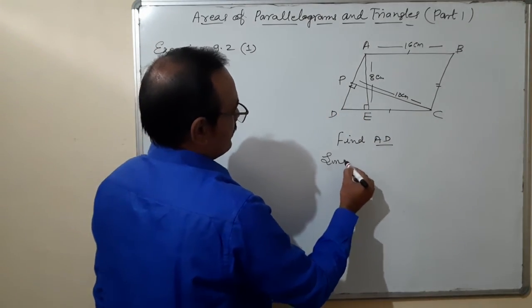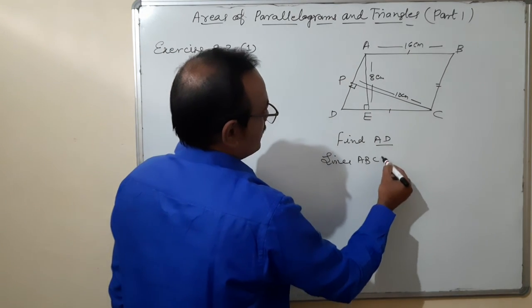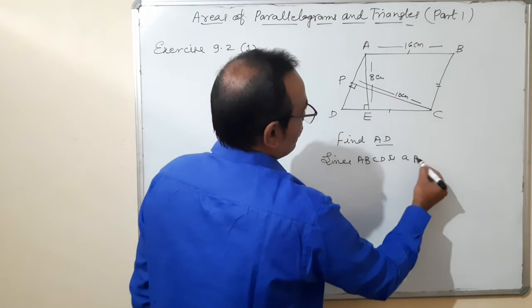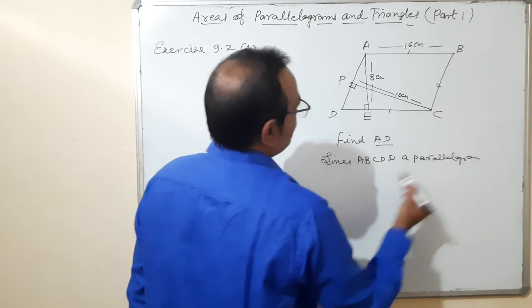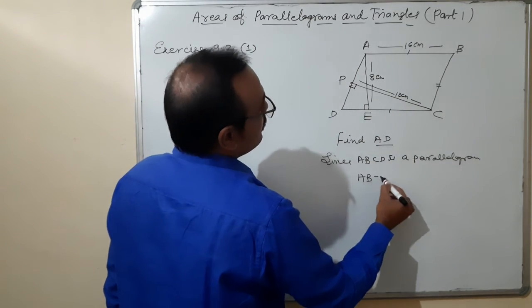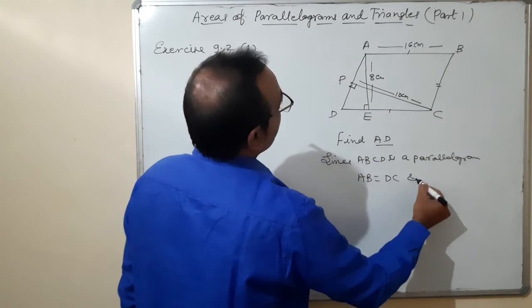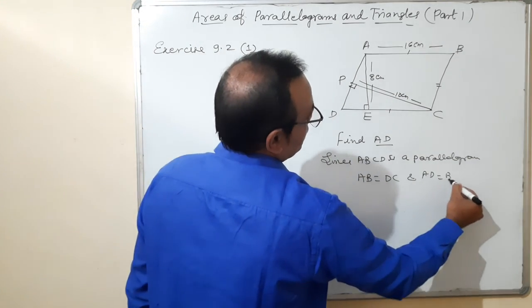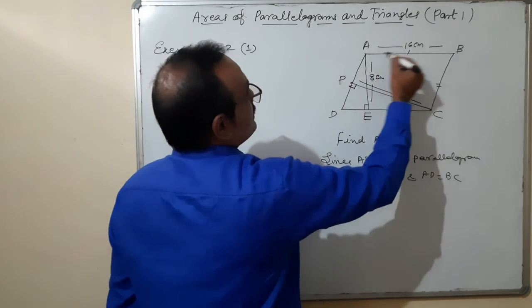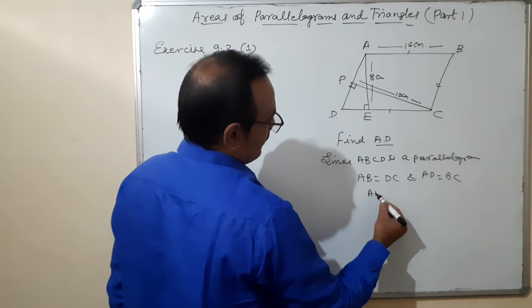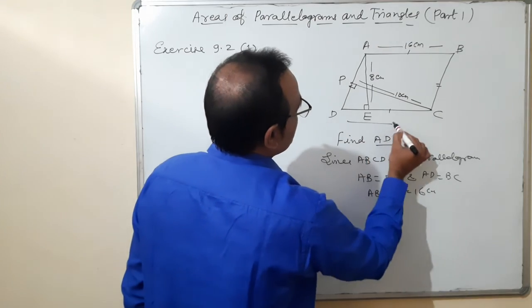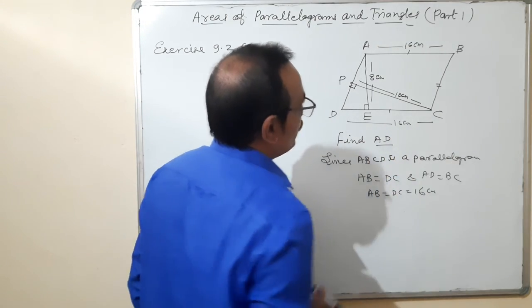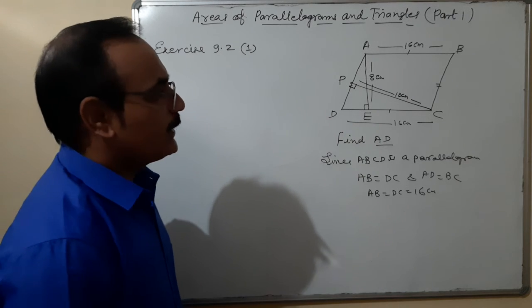Since ABCD is a parallelogram, therefore AB is equal to DC and AD is equal to BC. AB is 16, therefore DC is also 16.